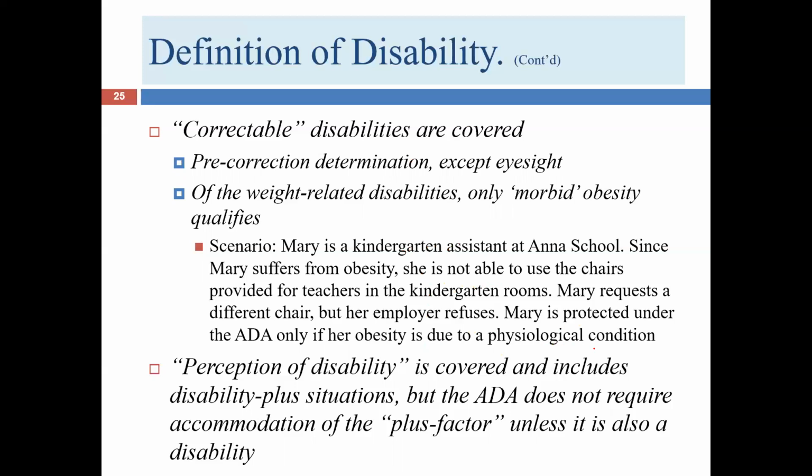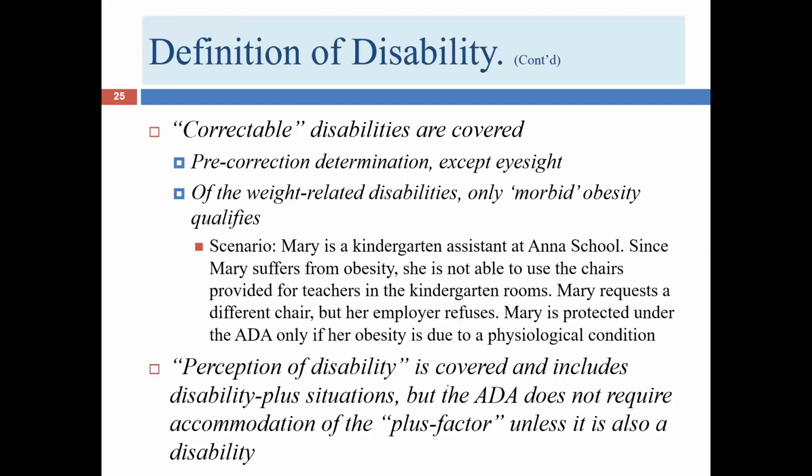If she is disabled but can't trace it to another condition, then she isn't going to be able to successfully request a reasonable accommodation. Now, nothing stops the school from giving her the chair, and many times employers will, even if the condition doesn't meet the definition of disability, but the employer isn't required to accommodate under those circumstances.